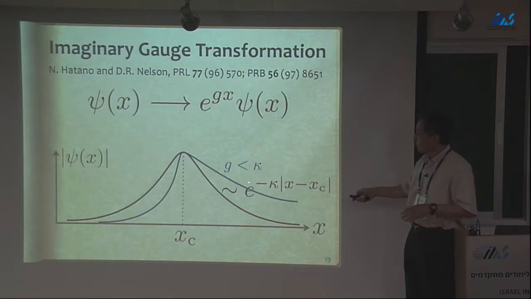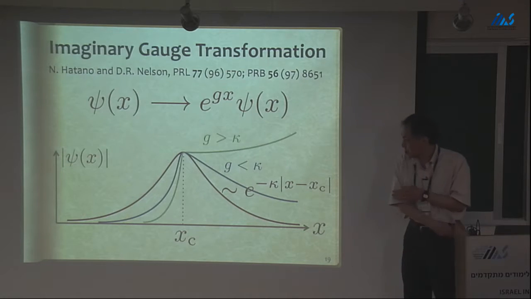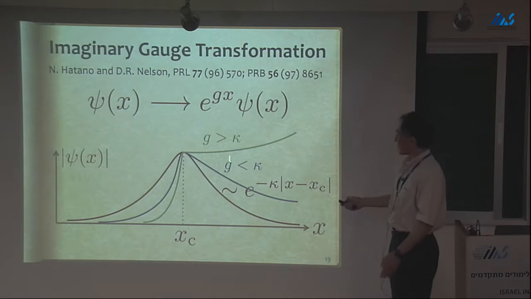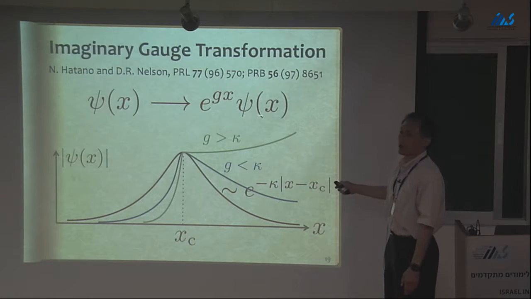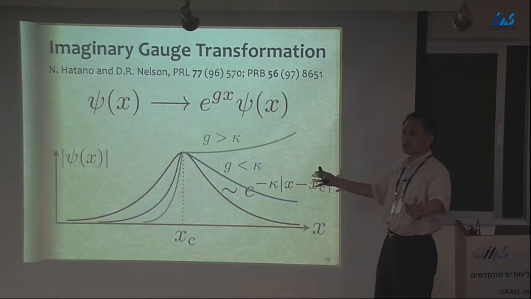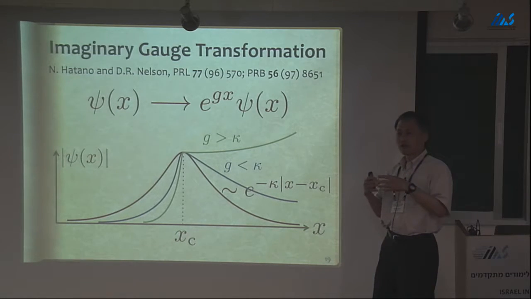Which means that this gauge transformation is still working. But once g gets greater than kappa, it becomes unnormalizable, so we can't use this wave function anymore, and we have to discard this.